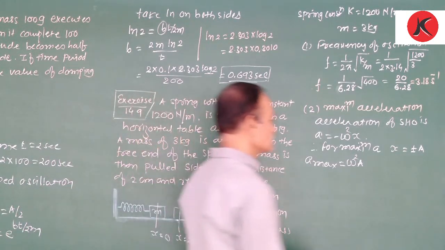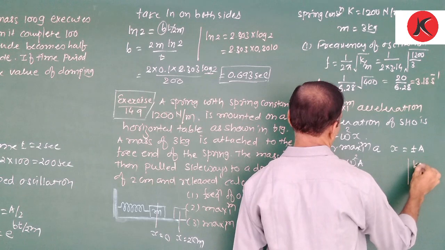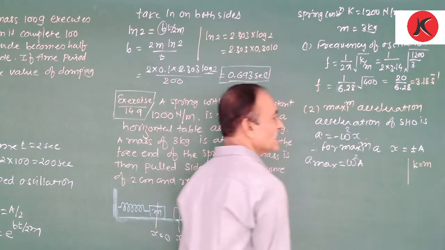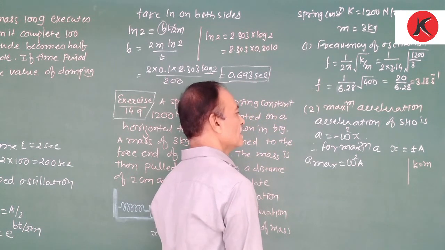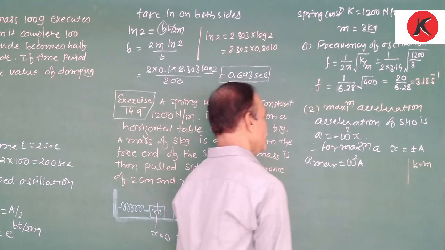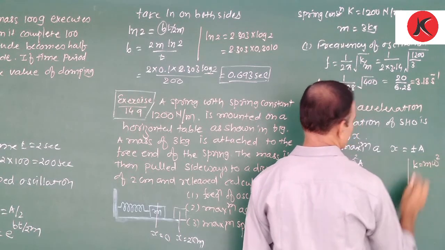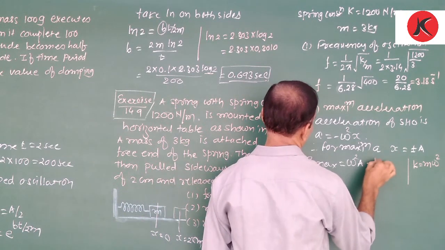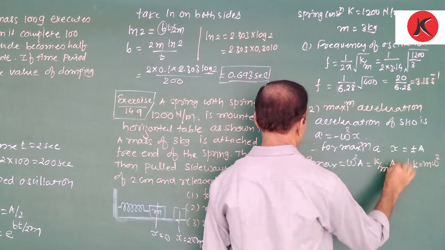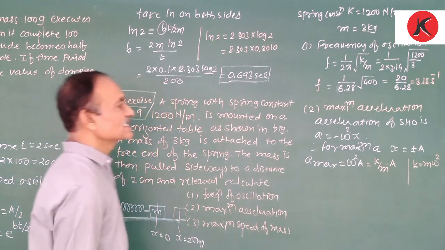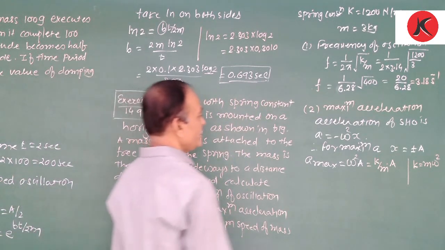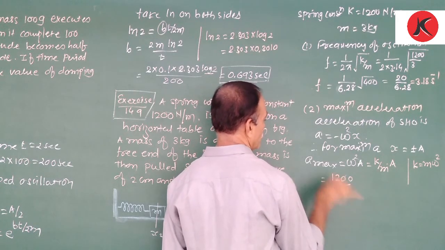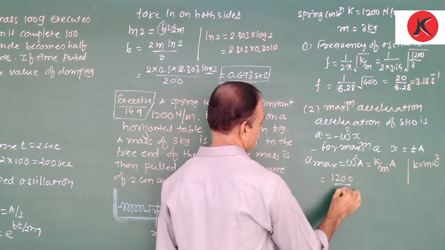We know that K is equal to m omega square. Therefore, omega square is equal to K upon m. Therefore, K upon m into A. K is given, 1200 upon mass, which is given as 3 kg.